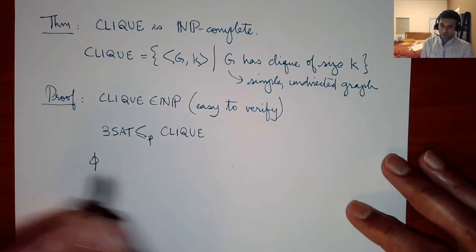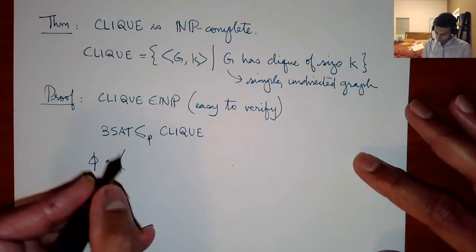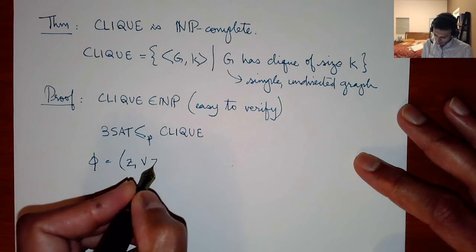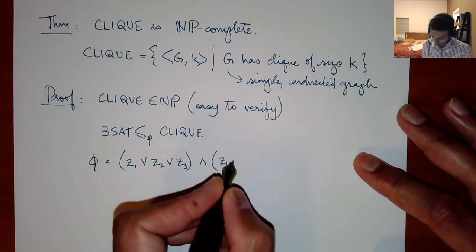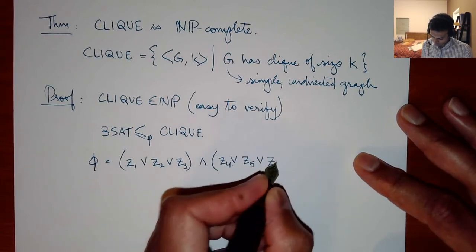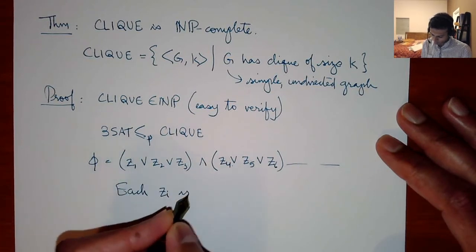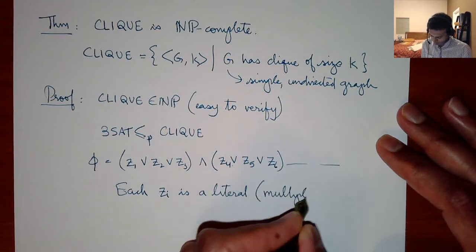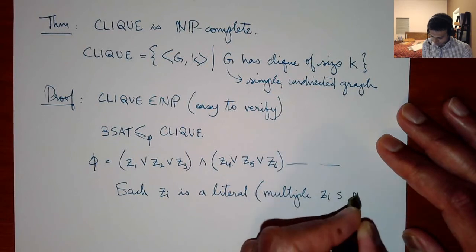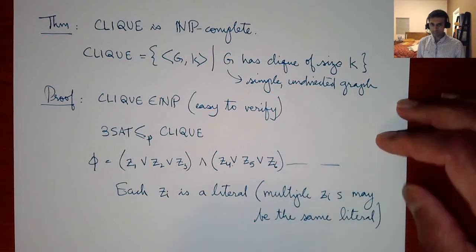So we're going to start with some phi, and I can write phi in the following form: z1 or z2 or z3, and z4 or z5 or z6, so on and so forth, where each zi is a literal, and multiple zi's may be the same literal. Does that make sense?